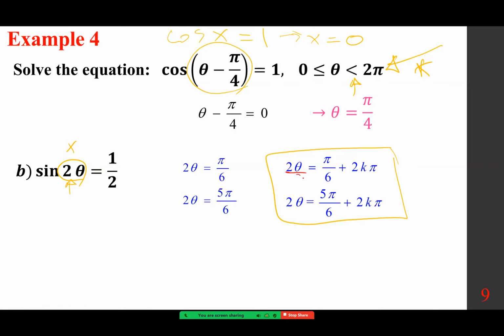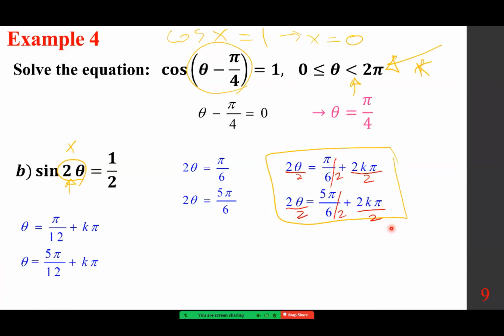If we divide by 2, what happens? This becomes theta. Now, pi over 6 divided by 2, multiply the 6 and 2. So pi over 12, and of course, k pi. 5 pi over 12 and k pi.